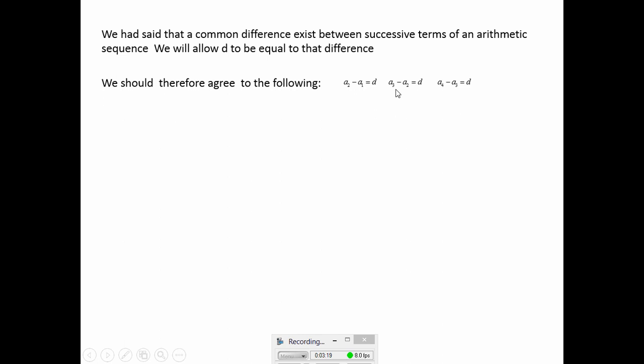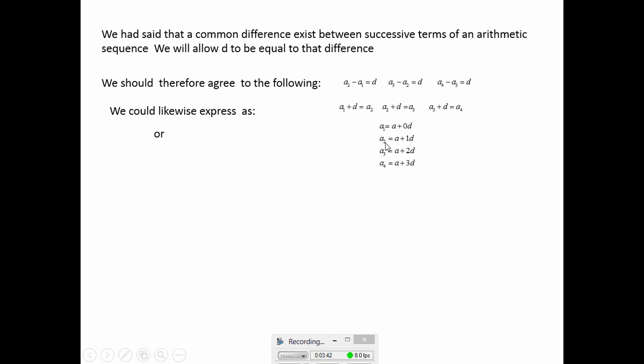Between the third and the second term, the common difference is D. Between the fourth and the third term, the common difference is D. So on and so forth, okay? So if we rearrange these terms, we could say that A1 plus D produced A2. A2 plus D produced A3. A3 plus D produced A4, so on and so forth.